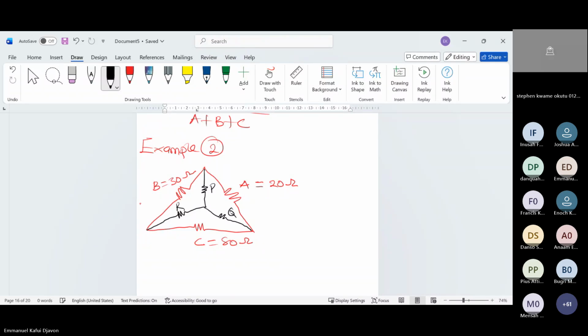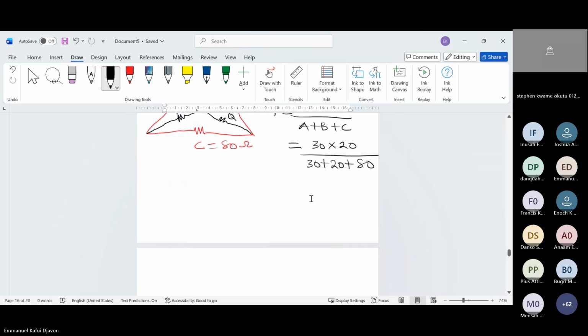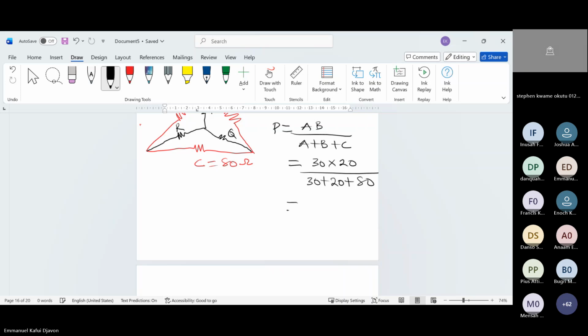This is P, Q, and R. To get your P, it is equal to A times B, so AB all over A plus B plus C. That will give us 30 times 20 all over 30 plus 20 plus 80. 30 times 20 is 600. 600 divided by 130.